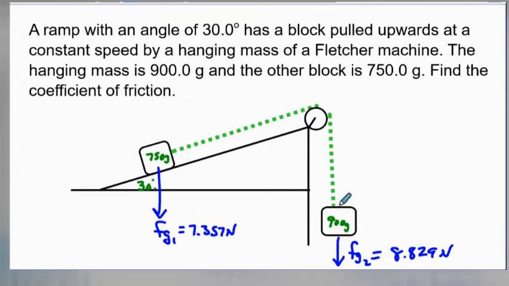Okay, we need to remember that there's a force of tension here in the string, and that force of tension in this problem is going to be equivalent to that second force of gravity. It's that 8.829 newtons, which is the same as this force right here. I'm going to call this my applied force, which is different than the last problems we were solving. What do we have?